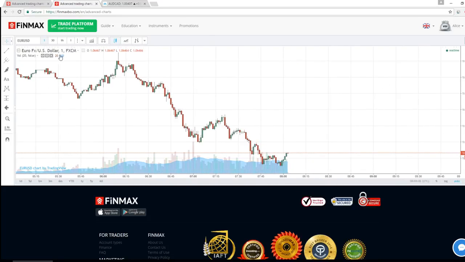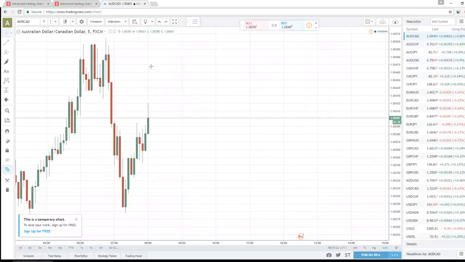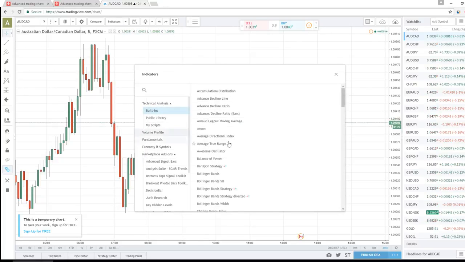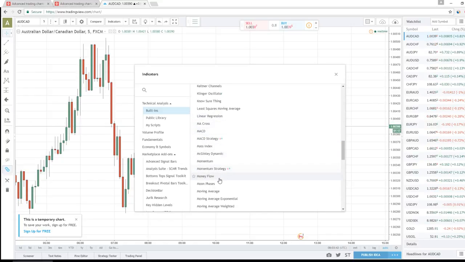Here the same indicator, the same chart, but as we trade fast options, we need to switch between different assets quickly. That's why I'm gonna work directly on TradingView. It saves the assets that I'm using all the time, and it's more convenient for me to make fast analysis here. So we're gonna start with adding moving average to the chart.